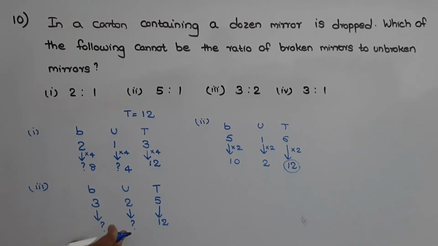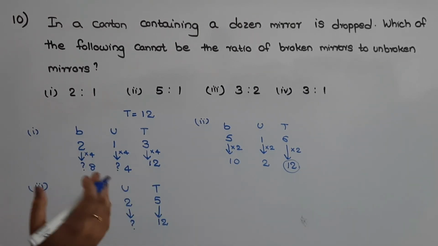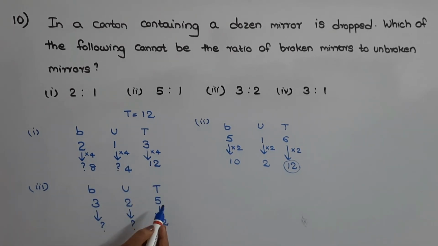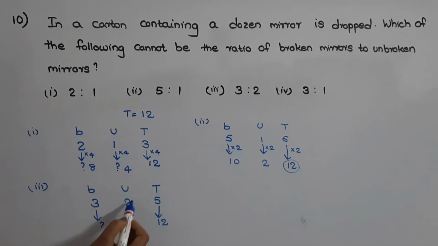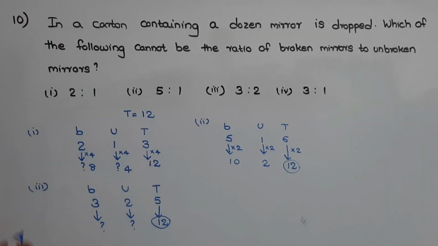We will get this in terms of fractions. The number of broken mirrors or unbroken mirrors cannot be a fraction. It should be an exact number. So the third option cannot be the ratio of the broken to unbroken mirrors. This was because the sum of the ratio is not a multiple of the total number of mirrors given.